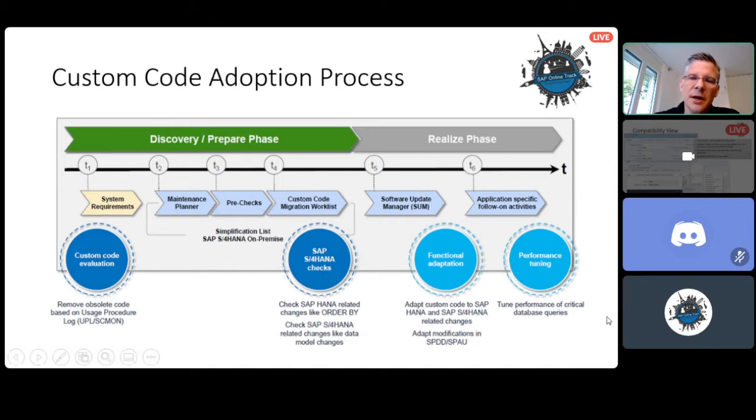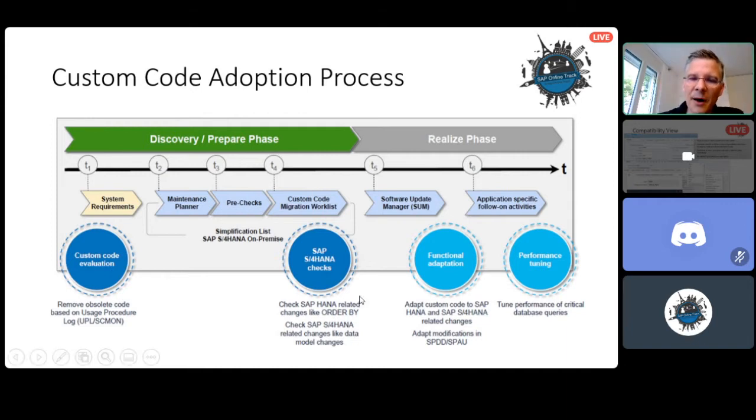So in the conversion process, you will have SPDD and SPAU. SPDD for the data dictionary changes, and SPAU for the ABAP code that needs to be done. It's similar to the upgrade procedure, but you will have different errors and findings, and the number of findings will be different.